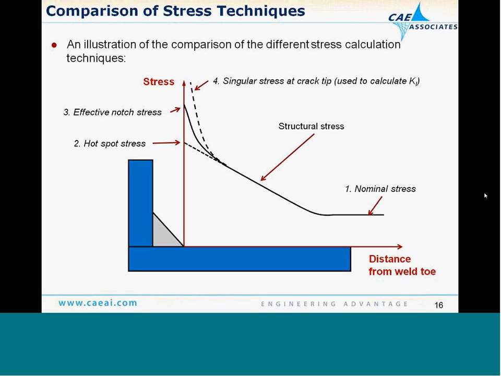Once the poll is closed, we will allow everybody to take a look at what your colleagues have selected. All of these methods have their place. Sometimes the method you select will be driven more by what test data you know about your weld. If you don't have notch stress SN curves, there's no point in modeling the notch into your model.